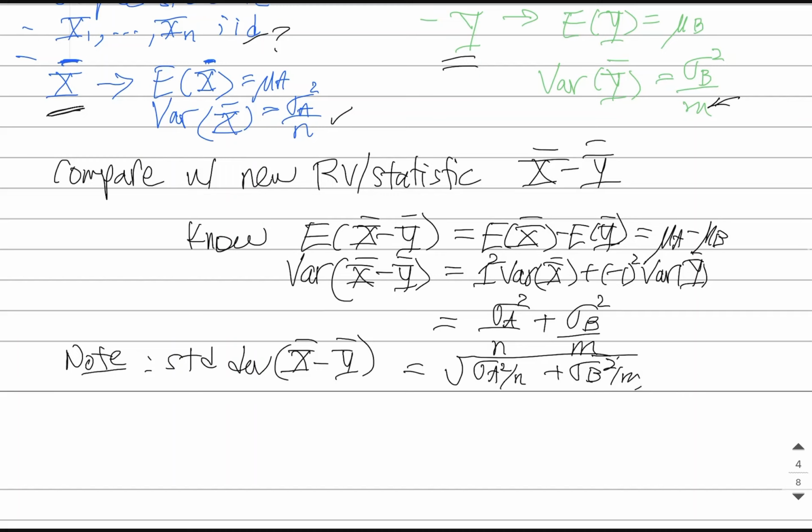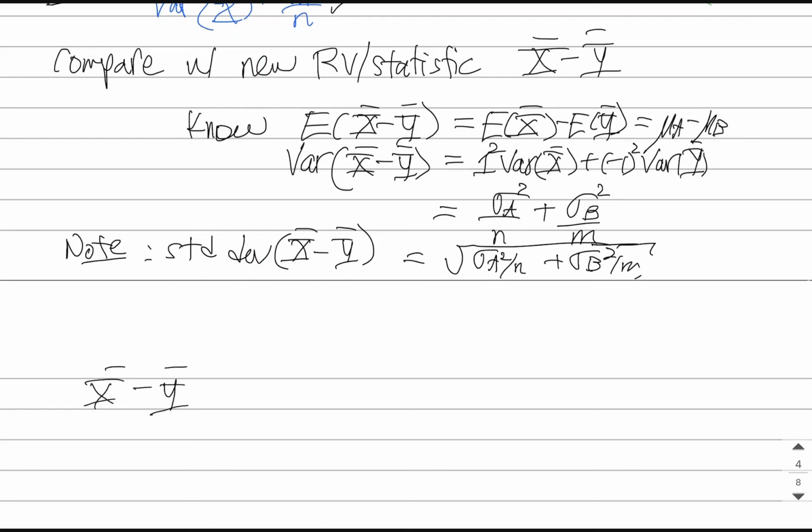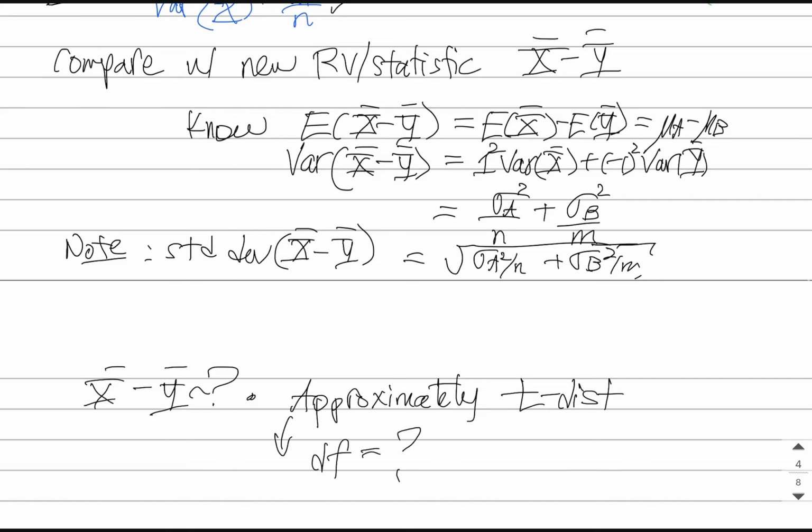So the key idea now is, what distribution does the difference follow? It will turn out that the exact distribution is not easy to obtain, but it's approximately a t distribution. And that's fine. So we are going to assume that it will be a t distribution. The real headache is, what are the degrees of freedom in this case?